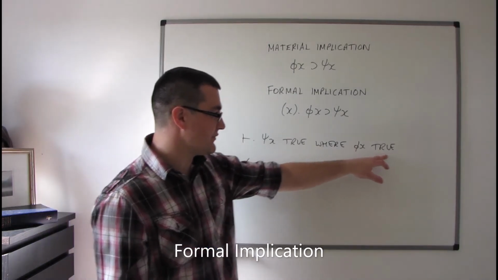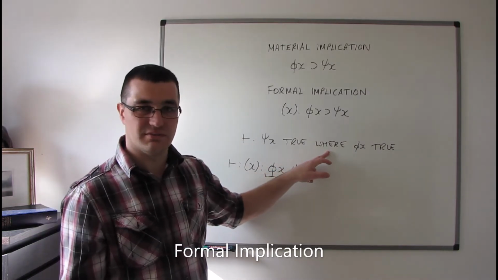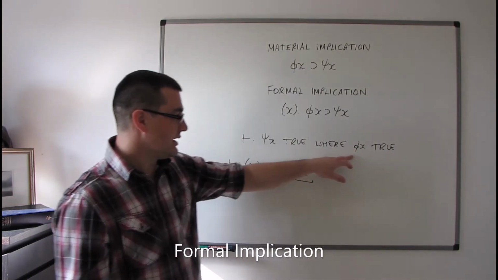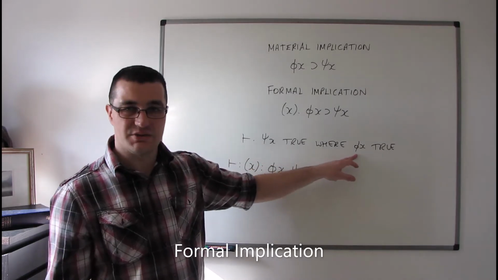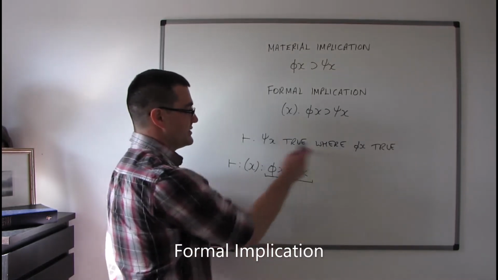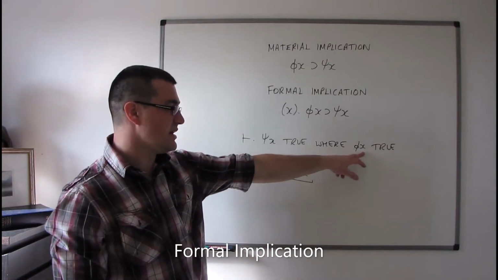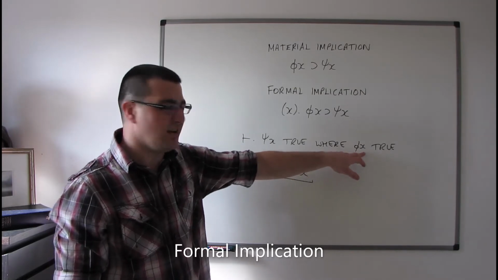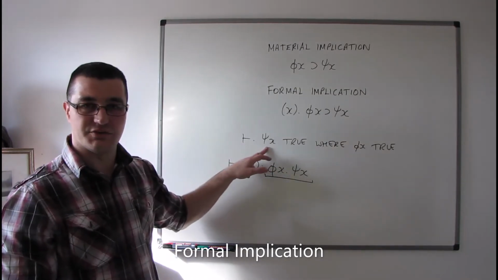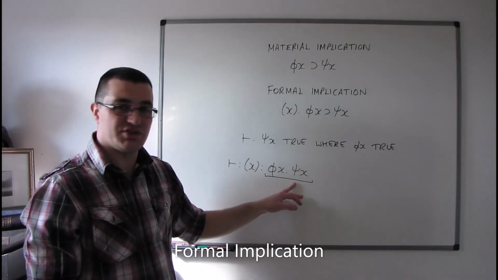The purpose of this restriction is for it to be meaningful. It would be if there were values of x that actually made phi x false. Because remember that phi x and psi x have an overlapping range of significance, so if all values of x make phi true, then all values of x are going to make psi true. So this doesn't really result in any restriction.